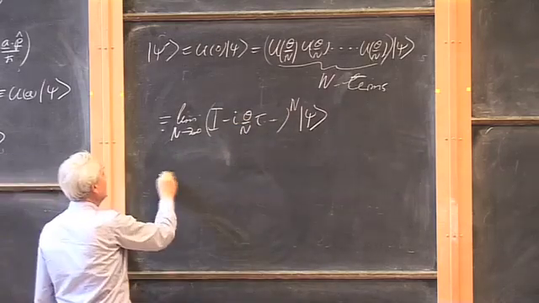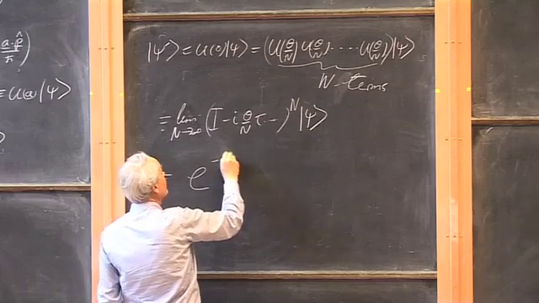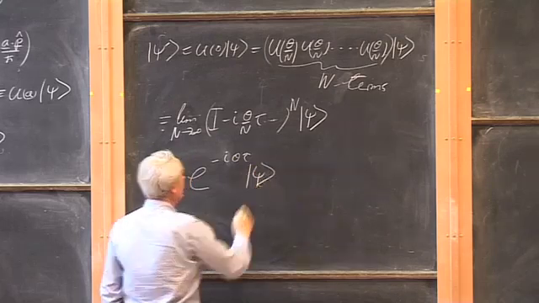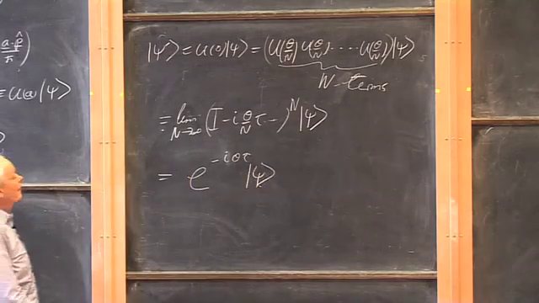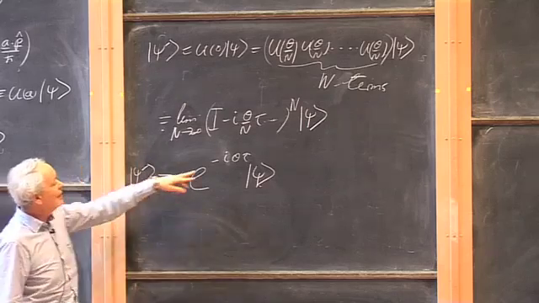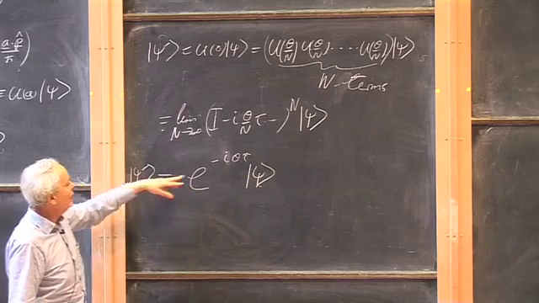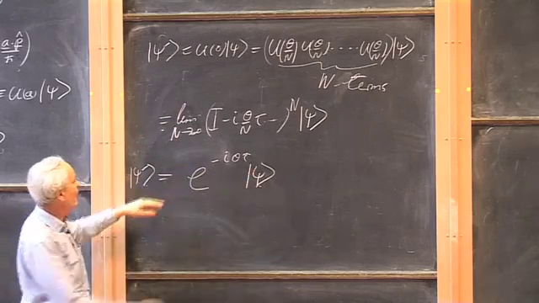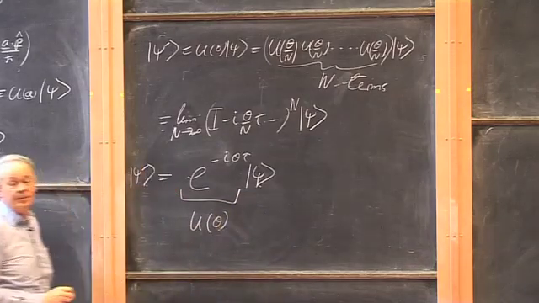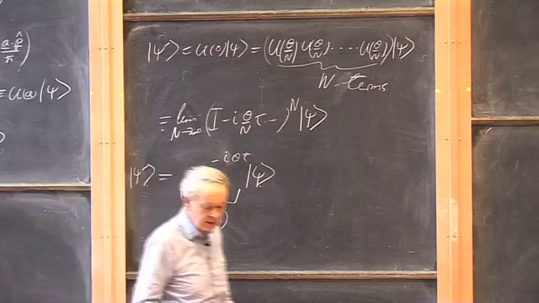So this mathematics now tells us that this is the exponential of minus i theta tau operating on psi. So we introduced tau as the first order Taylor series term, but this apparatus tells us that that's all we need to know in order to find out what u of theta is for any theta. Which is, I think, slightly surprising. You don't need to know anything in the higher orders.